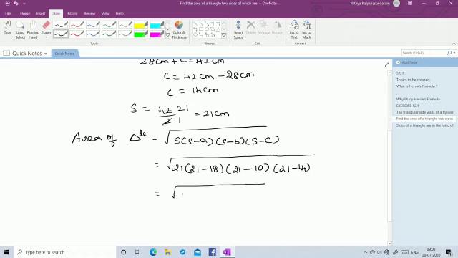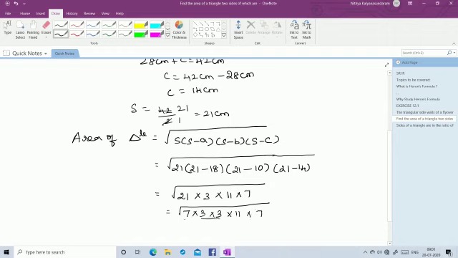So square root of 21 into 3 into 11 into 7. So 21 we can split: 7 3s are 21. So then 3 into 11 into 7.